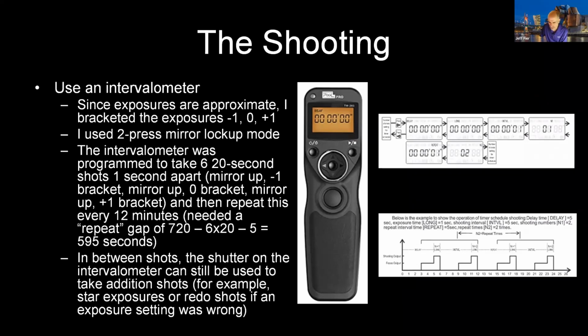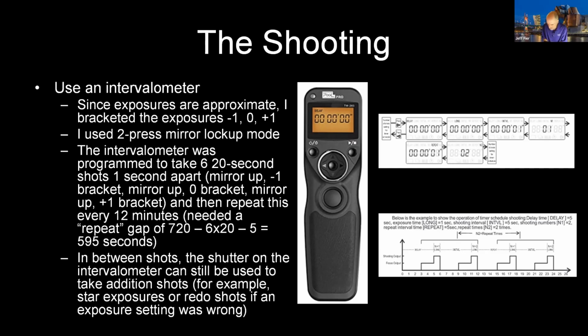And the way you do that is the intervalometer has basically 2 timing settings that it can use. You can use an inner setting or an inner loop where it takes pictures in short succession, which are the brackets. And then you have an outer loop, which you can say, take those brackets every 12 minutes apart.